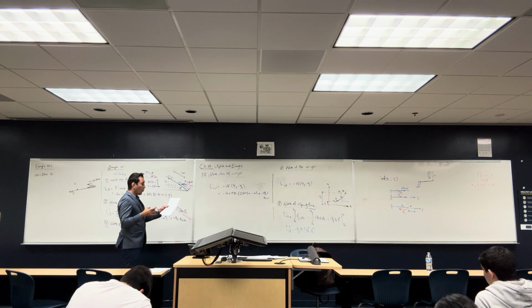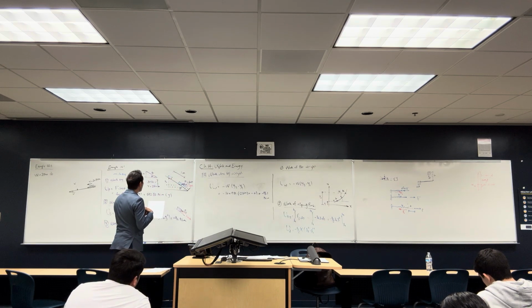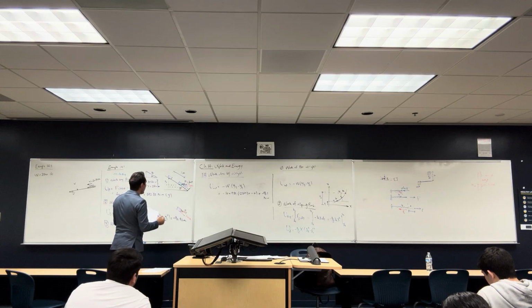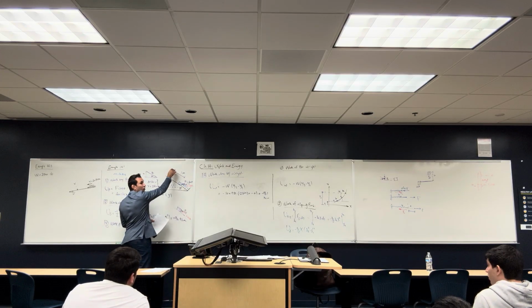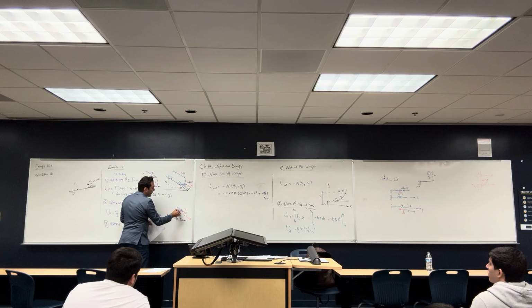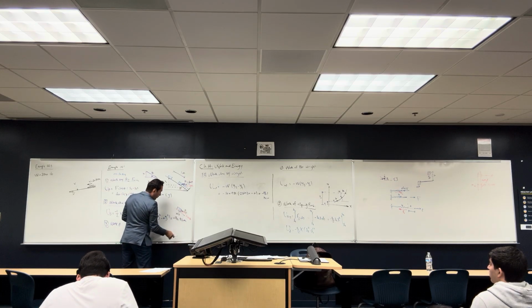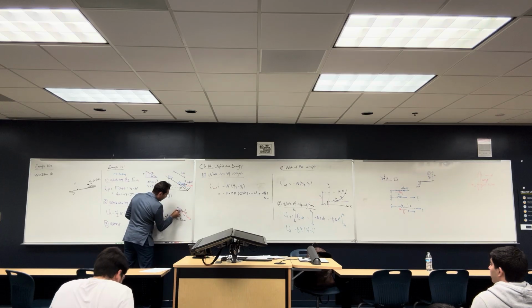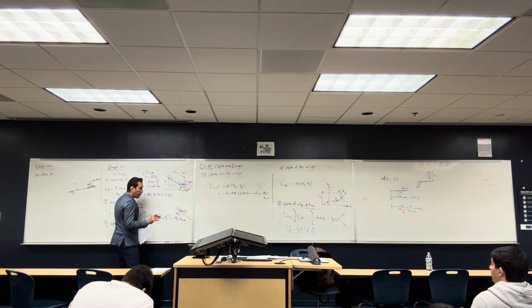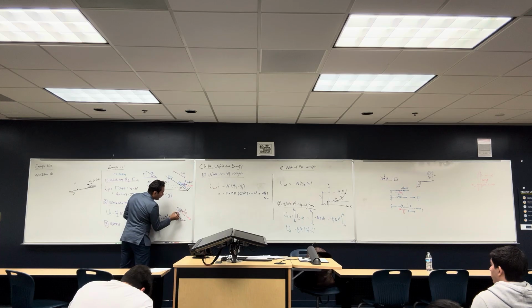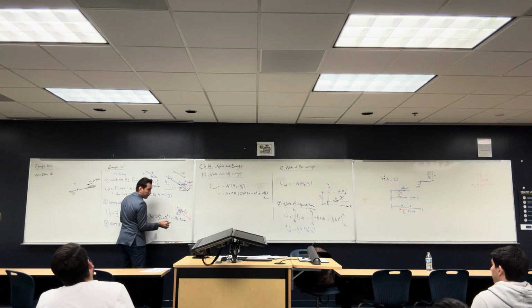The way that I did it here is different, but it's going to give you the same answer. What I did here, I tried to find the weight component in the direction of the 2 meter. The weight is coming down like this. The weight has a component in this direction and a component in this direction, okay? So this angle is 30 degrees, but this angle is 60 degrees.